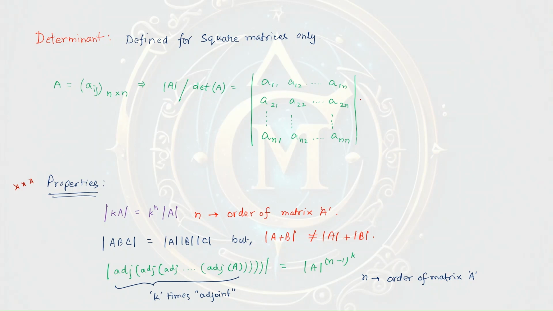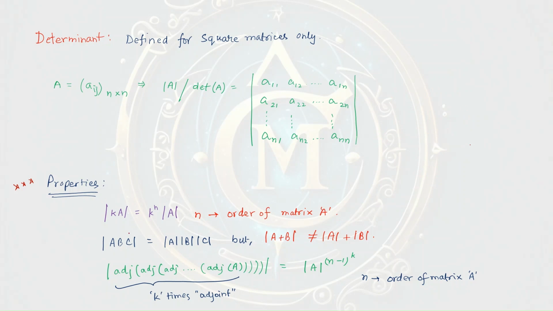If the A matrix is, say, 2 3 1 2, a 2 by 2 square matrix of order 2, then the determinant of A will be this determinant, and the value will be this minus this. So 4 minus 3 is 1.